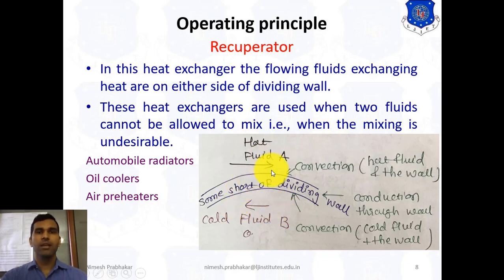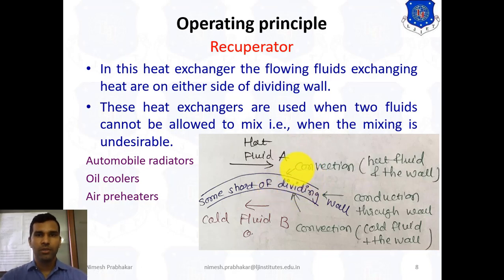Now here heat is exchanged through this wall. That means this hot fluid transfers heat to the cold fluid through this wall. So this process is called the recuperator heat exchanger.